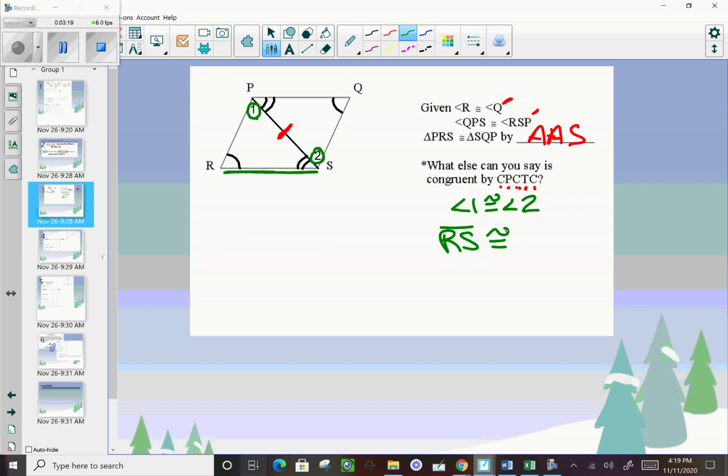Now I've got to list this next segment in the right order. What angle does R go with? R goes with Q. So my next side's got to be QP. And then finally, there's one more side that we haven't talked about yet, and that's the one on the right and the left. So let's go with RP.